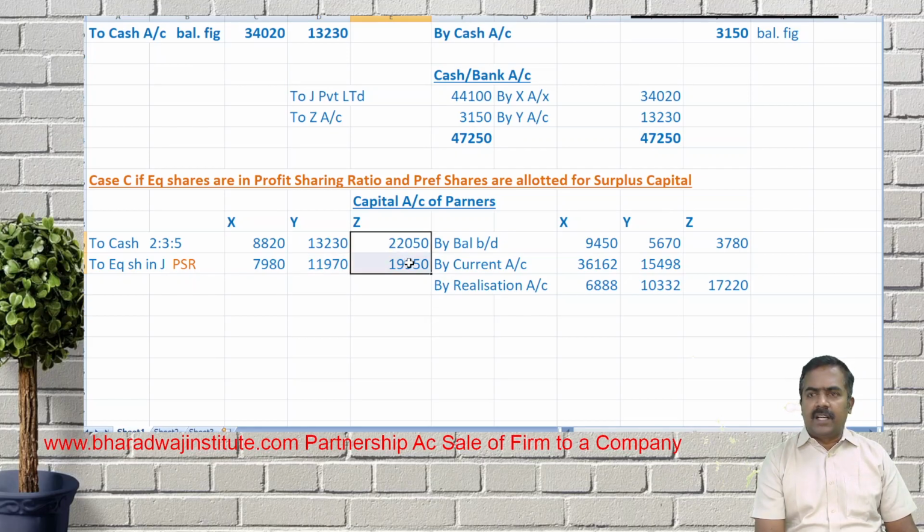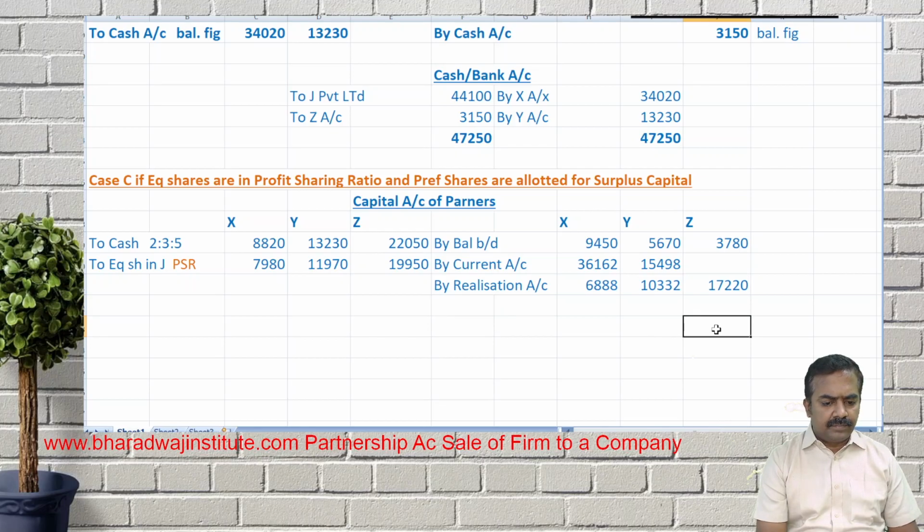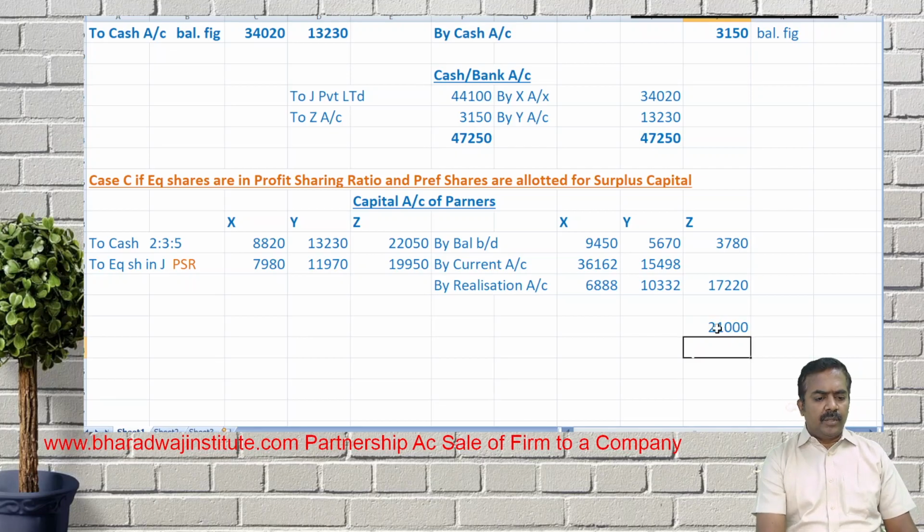Any partner is having a negative balance? Z is having a negative balance. How much balance is there? 21,000. See why.